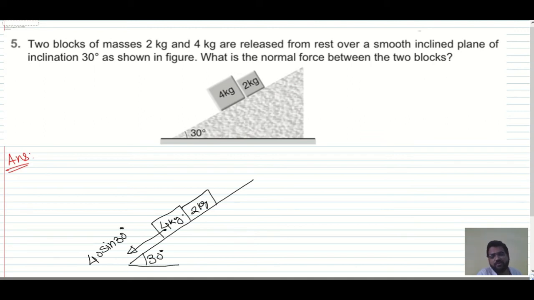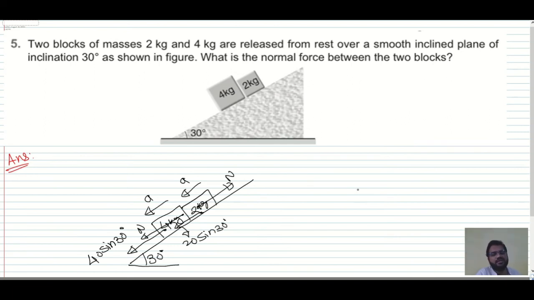And the normal reaction, in which direction will it be? In this direction only. Let us consider the acceleration we have is a, so for this also acceleration is a. Normal reaction on it will be in this direction, and 20 is one component in this direction, and that is 20 sine 30 degree.